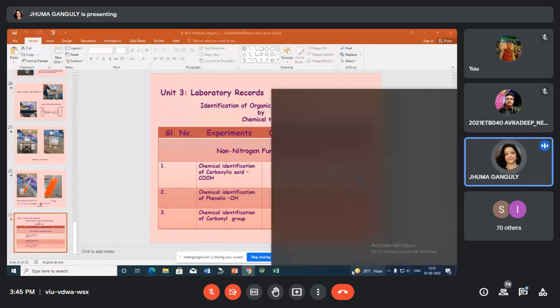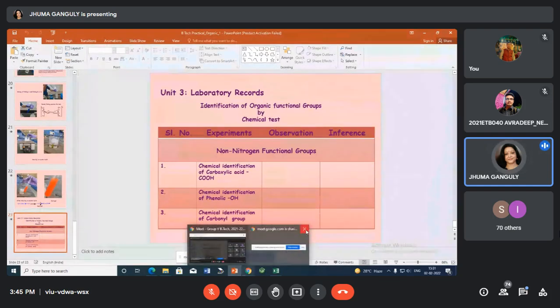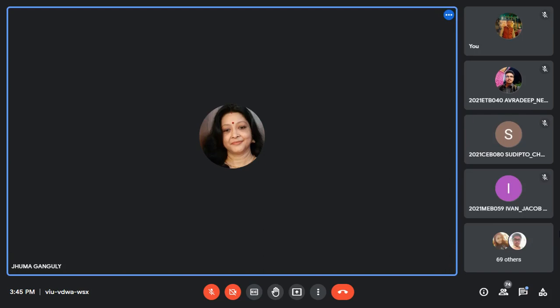It is just one page. You don't need to write down the chemical reactions. Just one sheet, and you submit it for organic. That is enough. Sometimes students write down all the chemical reactions, but I don't need that right now. Just fill up this one, and that is enough.